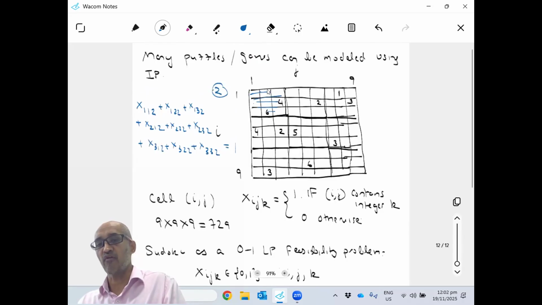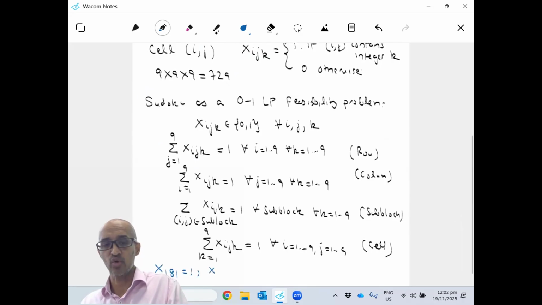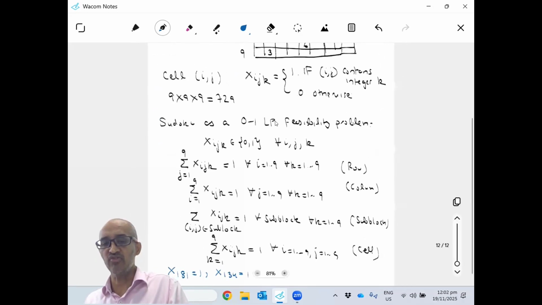Why? The first row, eighth column is set to be 1. In this puzzle, the first row, third column has the number 4. That is just x134 equal to 1. All of these are again just linear constraints which capture the starting board.